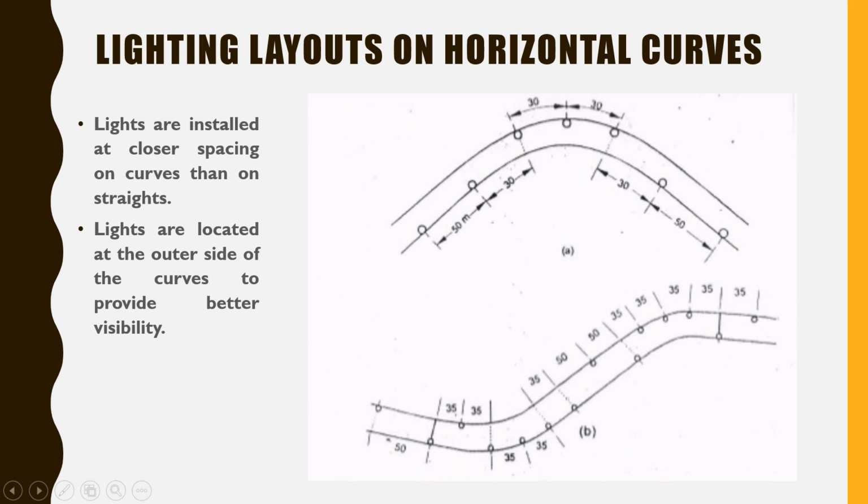Similarly here on horizontal curves, it is 35 meters on bends, on the straight portion again 50 meters, and on bends again 35 meters. So this is the layout of lighting on horizontal curves in case of roads.